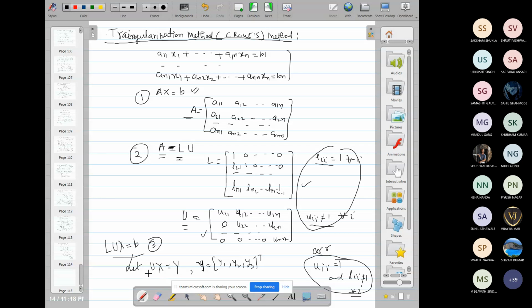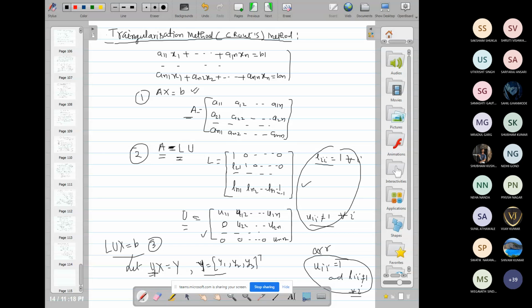Now here U is known, and X is unknown. So now the problem is to determine Y. To determine Y, consider 3.